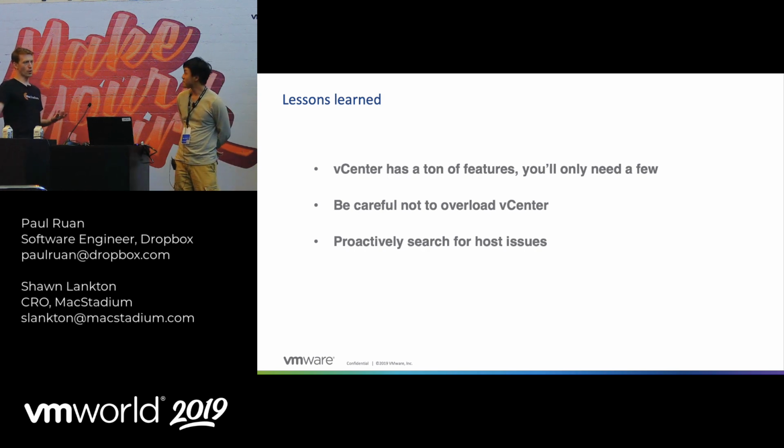So you talk about overloading the vCenter. What are some things that, looking back, you would advise these guys to look out for as vCenter is becoming overloaded, so that they can get some early warning signs? Yeah, so I mentioned before that we don't have very good telemetry on what vCenter is up to. It's a bit of a black box to us, so we don't really know what the limitations of vCenter are.